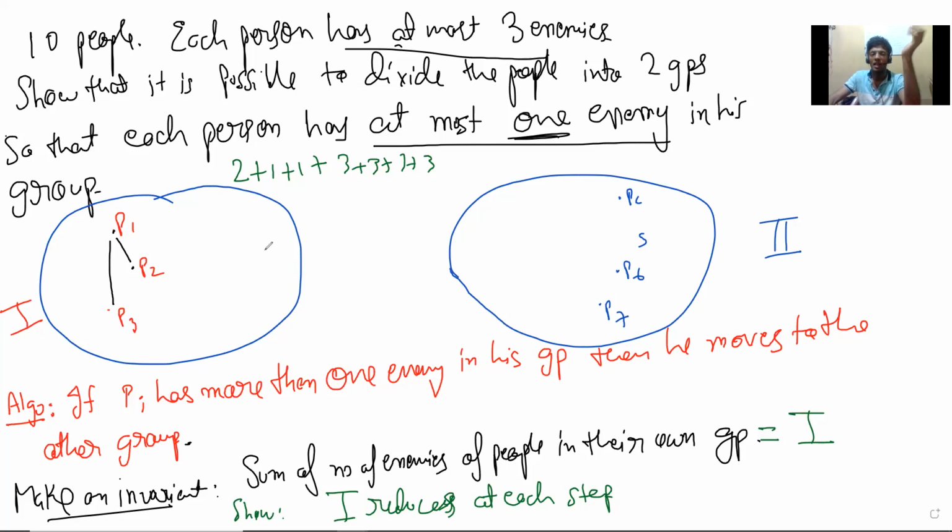Like if P1 has 2 enemies in his group, and let's say he has another enemy, some P10 in the other group, then when you move P1 to the other group, what happens? For P1, the number of enemies in his group has reduced by 2, but then it may have increased by 1 in the worst case.